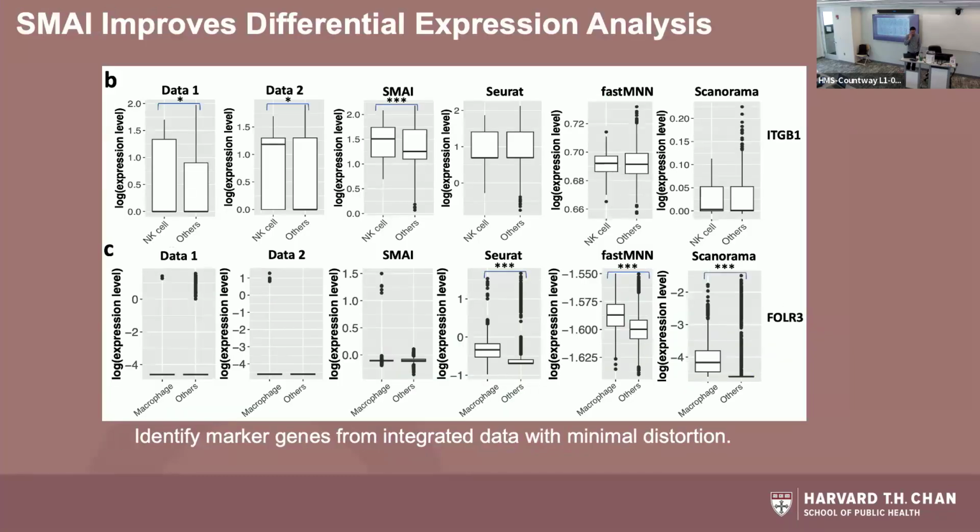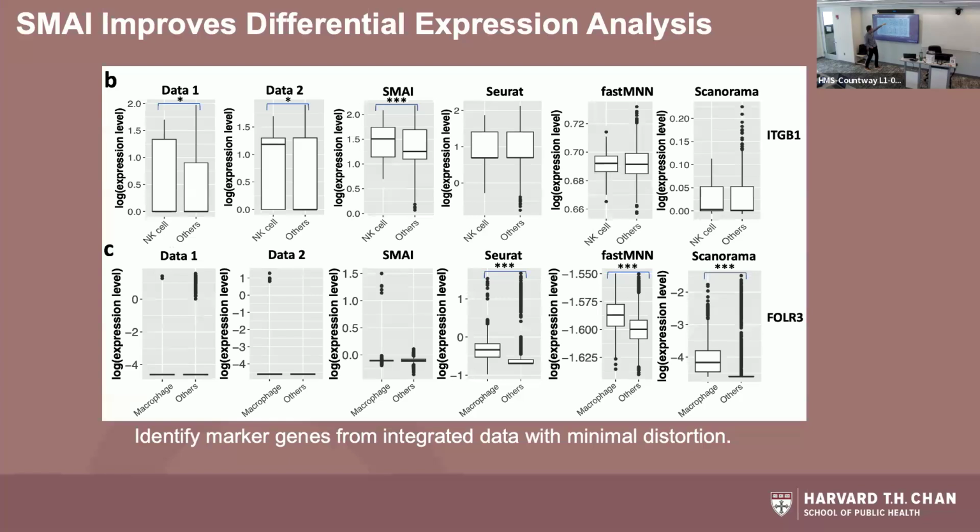Here is an example where we may suffer some distortion by using an existing algorithm, which can be much alleviated using the proposed algorithm. This particular gene is a marker gene for natural killer cell. Before integration, we can see that it is higher expressed in natural killer cell in contrast to other cell types.